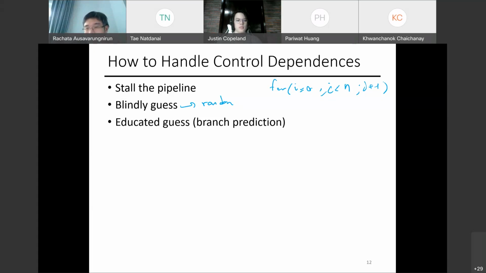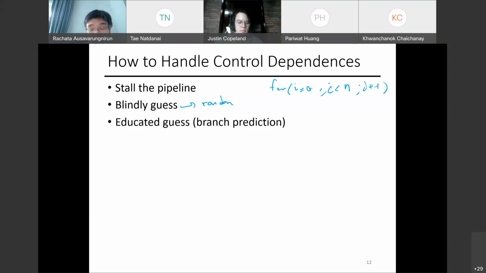In this case, what would be your educated guess? Are you going to take the branch, which is go back to the loop beginning? Or are you going to not take the branch, go to the next line? Repeat the loop, right? You're likely to say, hey, it's a loop, so I'm likely to have to repeat the loop, right? So this is the educated guess.